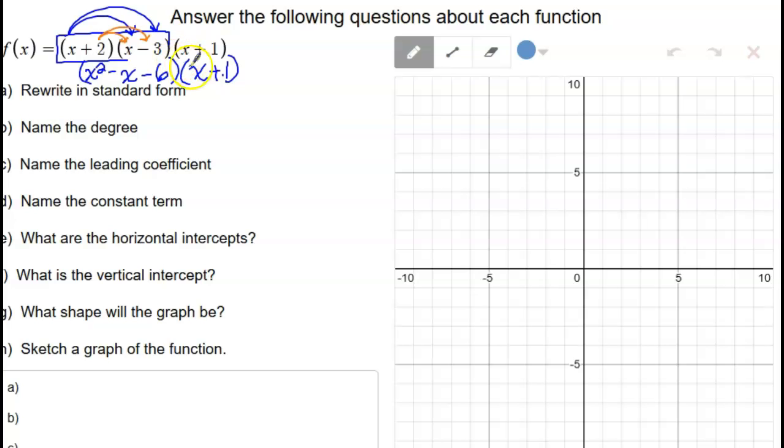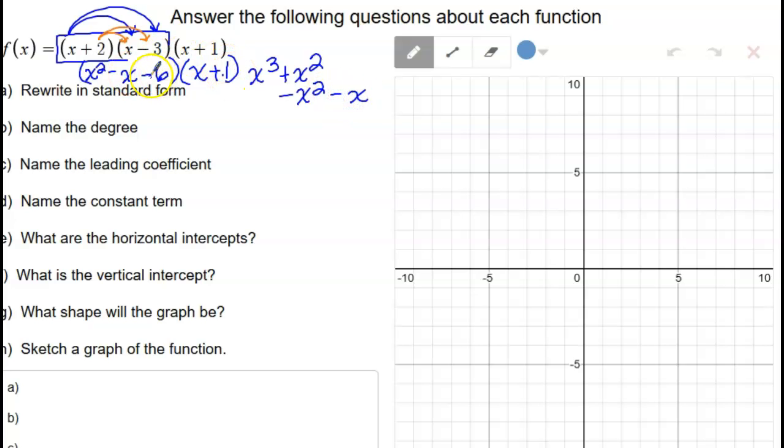So basically when you take x squared times x, you get x cubed. X squared times 1 is just x squared. So now we're going to take the negative x times x is negative x squared, and negative x times 1 is negative x.